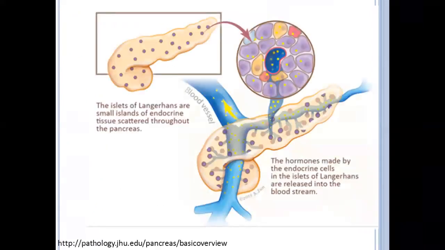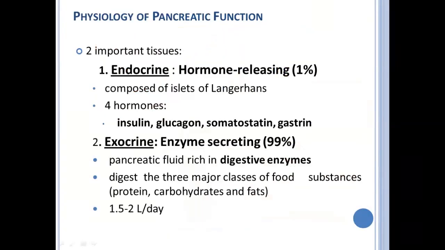Okay. So ito yung ating islets of Langerhans. So the hormones made by these endocrine cells are released into the bloodstream. So what are the hormones secreted? So you have the insulin, the glucagon, the somatostatin, and you have the gastrin.